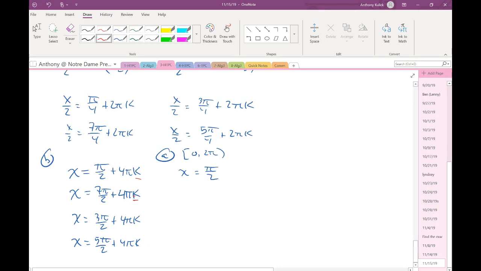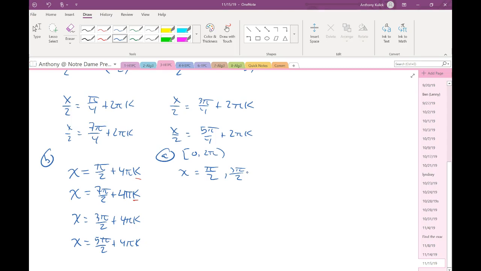All right? I'll go to the next one. If k is 0, I get 3 pi over 2. That one works. If I pick k to be negative 1, I get a negative answer and it's too small. If I pick k to be positive 1, I get something way too big. So that's the only answer I'm getting from the third solution.